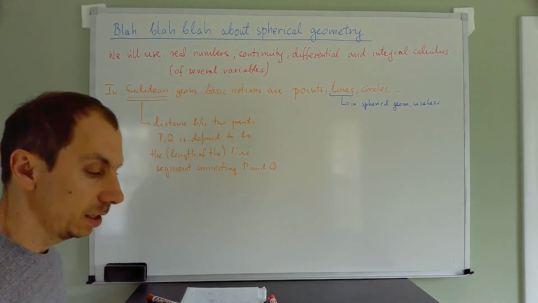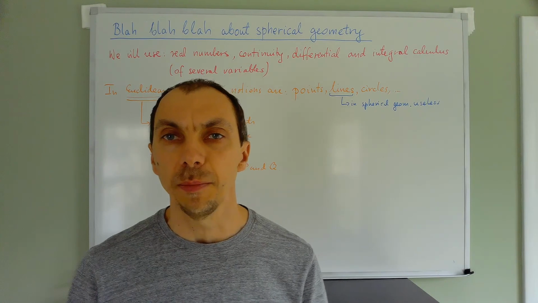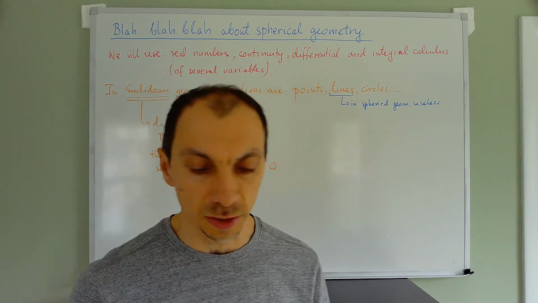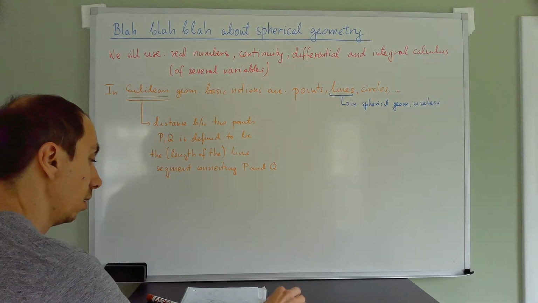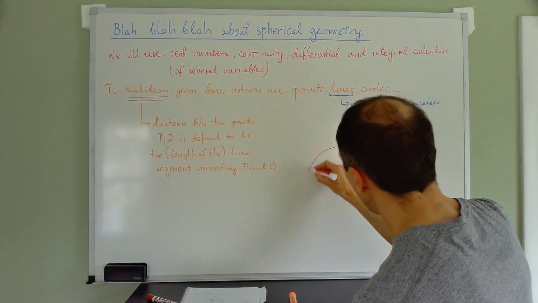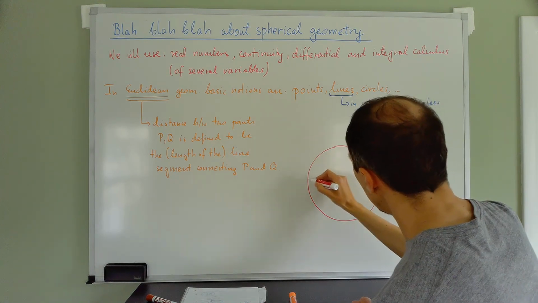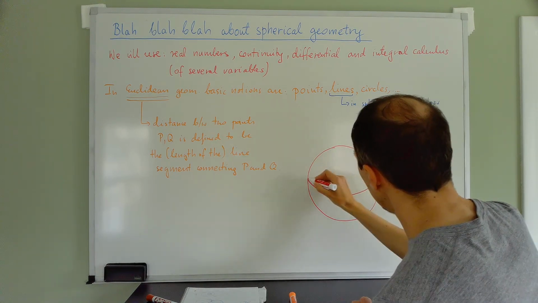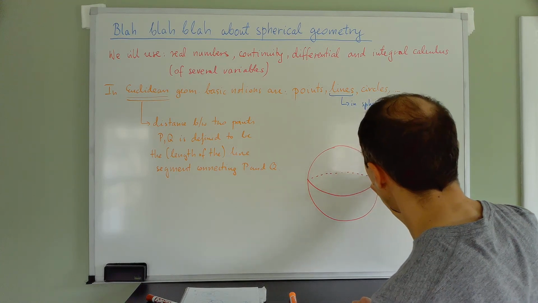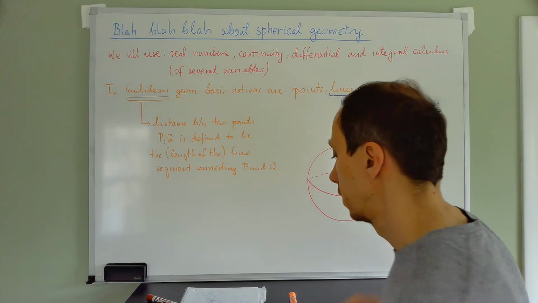But let's think about how we would apply this concept if we talk about the sphere. I'm really bad at drawing circles, let's see how good I am at drawing spheres. Most likely even worse. So here's a sphere. You can think about it, if you wish, as the surface of the Earth.